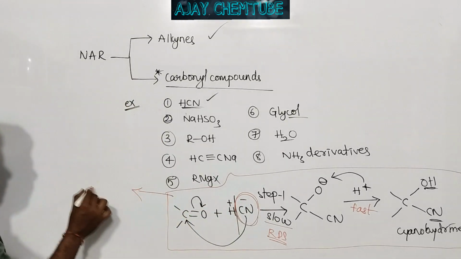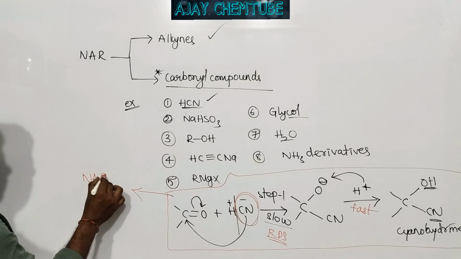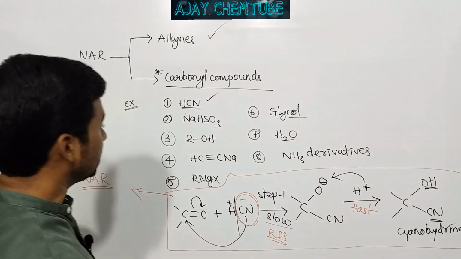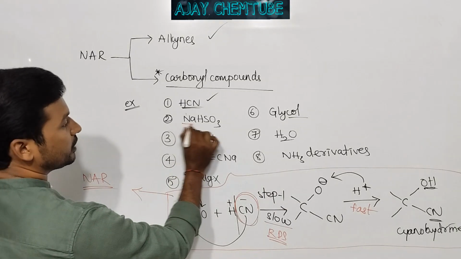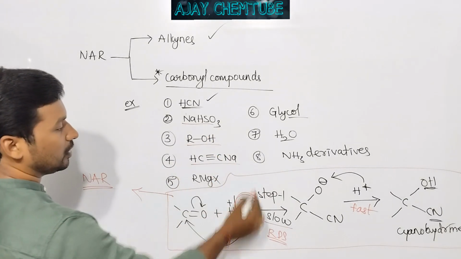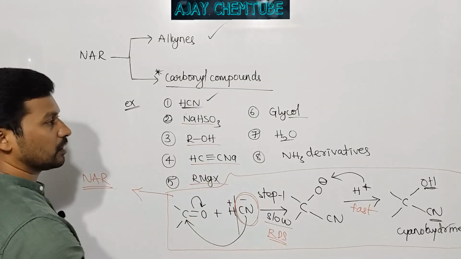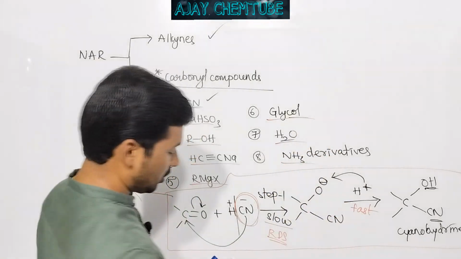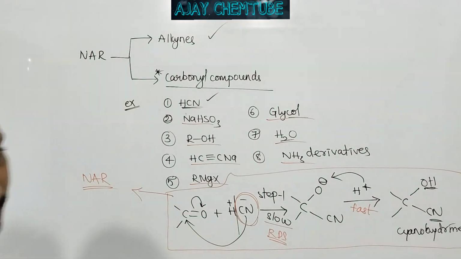That's why this is a nucleophilic addition reaction. This has been completed in the last video. Next, in this video, I am going to explain addition of sodium hydrogen sulfite, addition of alcohol and sodium acetylide, Grignard reagent, glycols, water, and ammonia derivatives.